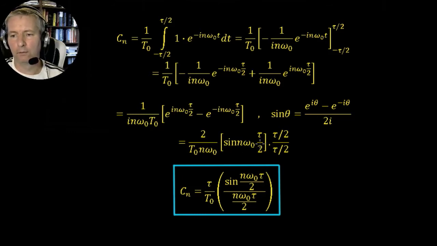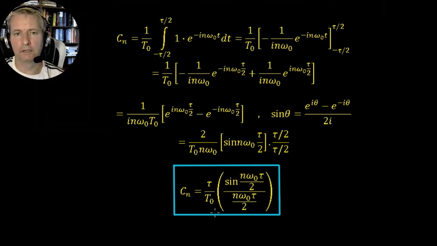Now if we multiply the whole thing by τ by 2 upon τ by 2, just a little trick to get it into the format we want, we end up with τ upon T0 times sin of n omega naught τ upon 2, all upon n omega naught τ upon 2. So this is of the form sin x upon x, which is our sinc function.